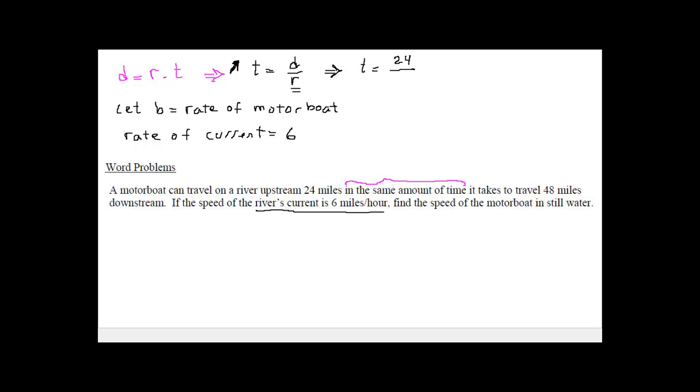So what would be the rate going upstream here? Going upstream, the rate of the current would be against the rate of the boat. So 3 miles? No, in terms of B. Anyone? B minus 6. Very good.